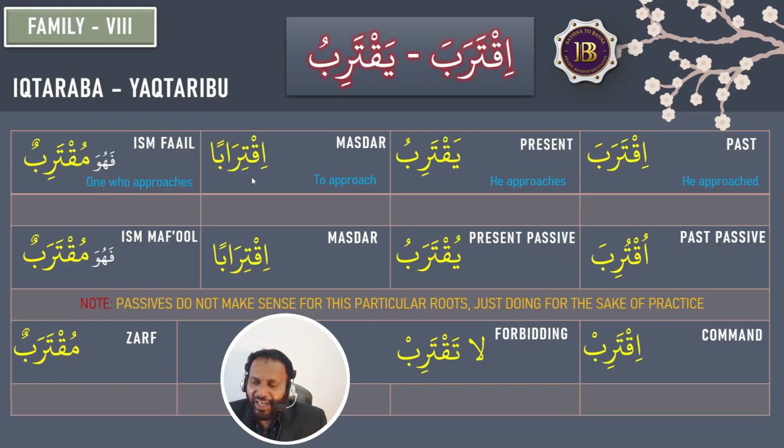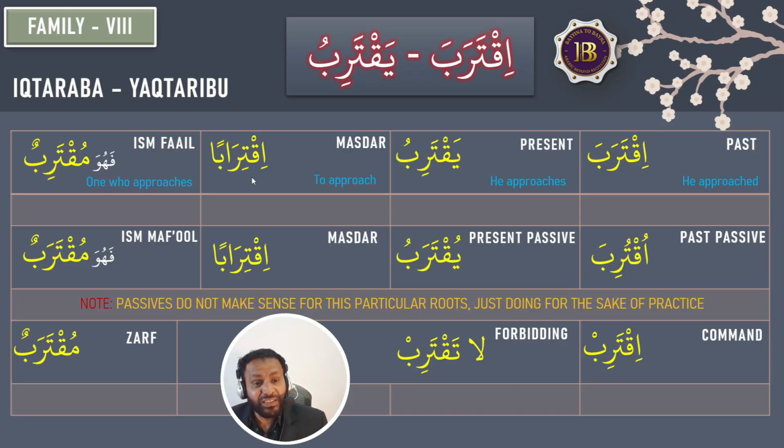Same thing here. In English, you might feel like, yeah, he was approached is fine. He was approached by someone. But in Arabic, they say no, we don't use this verb that way. So there is no passive for iktaraba. But if you use some other root letters, the passive might make more sense. So it might exist. We cannot say that there is no passive for this family wide. No, specific members might not have passive. Just like akhbara yukhbiru, it has passive. He was informed.